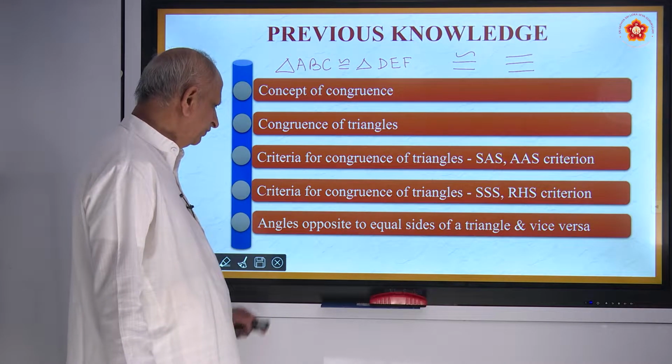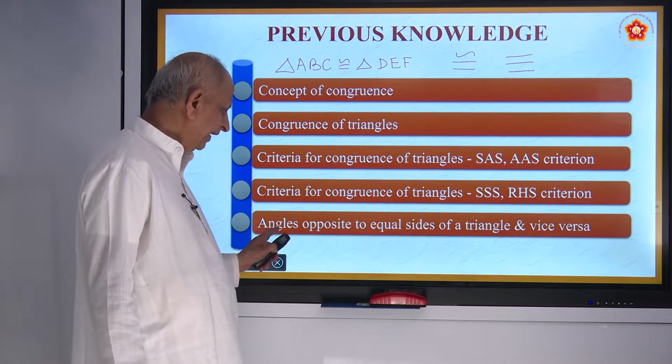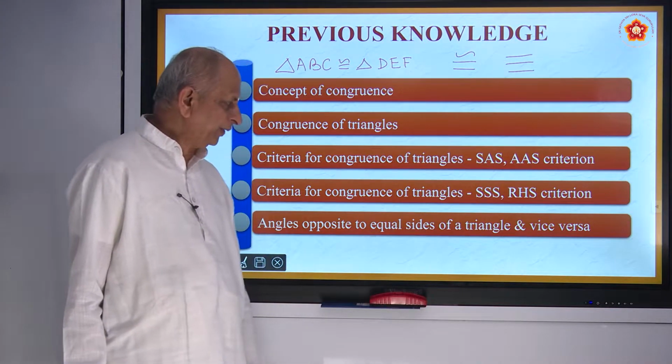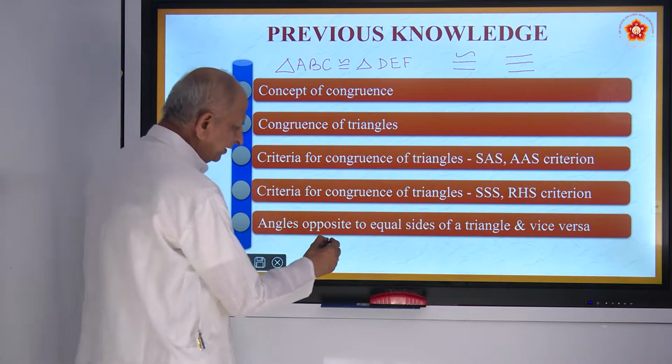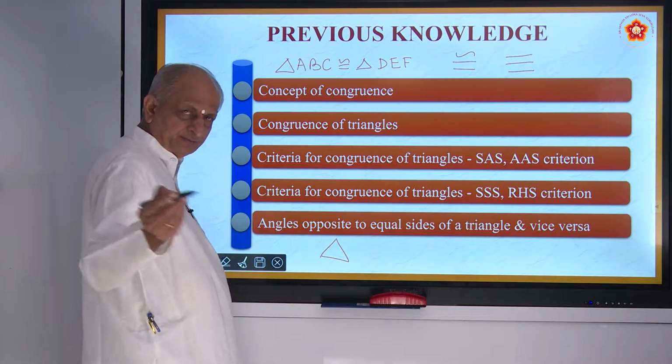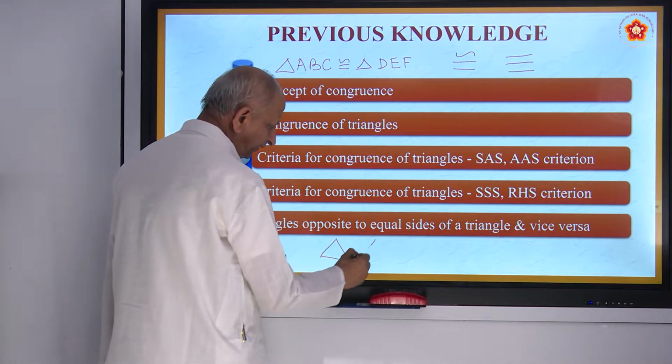Also we have seen a theorem: angles opposite to equal sides of a triangle are equal. Suppose you have triangle ABC.